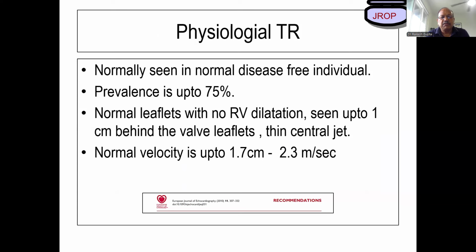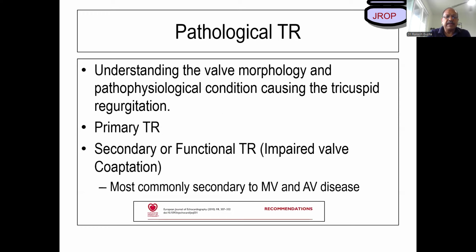In normal subjects without any disease, almost 75 to 80% of the population is visualized with this finding. Look at the leaflet thickness, nothing abnormal, no dilatation of LV and RV, and it's a thin jet just going behind the tricuspid valve for only a centimeter. And the velocity is always less than 2.3 meters per second.